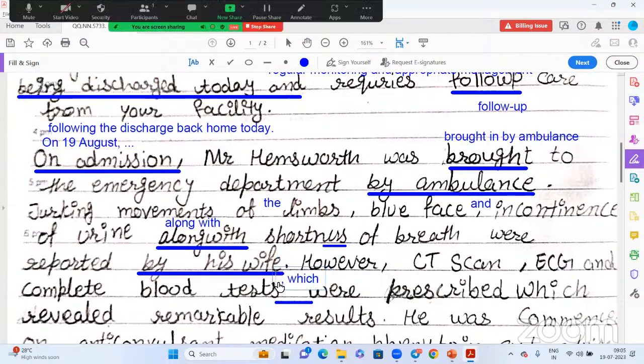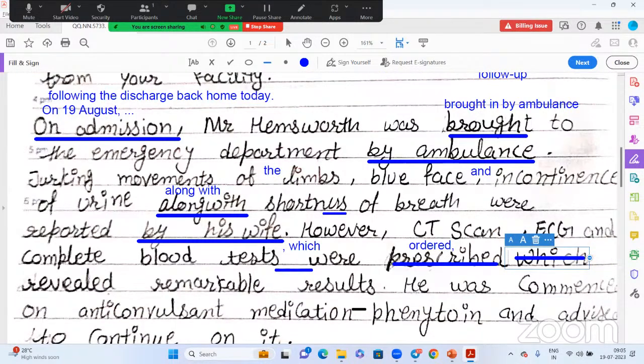CT scan and ECG are not prescribed, you can order the test. This is not a good word here. Which were ordered, comma, revealed remarkable results. That which should come here, that's a mistake you have made.